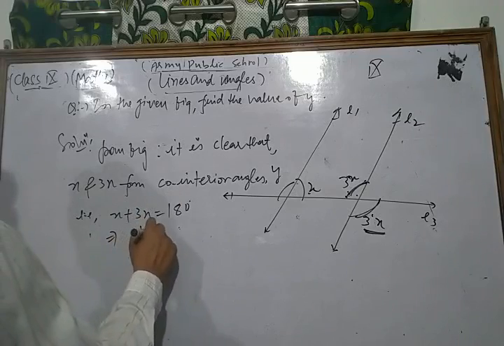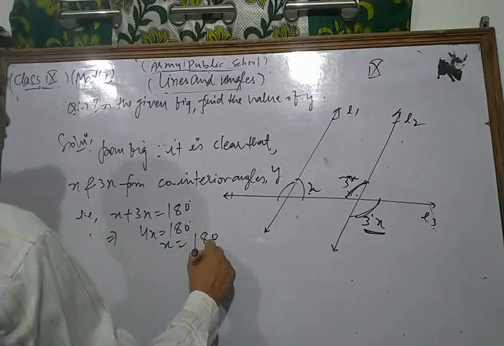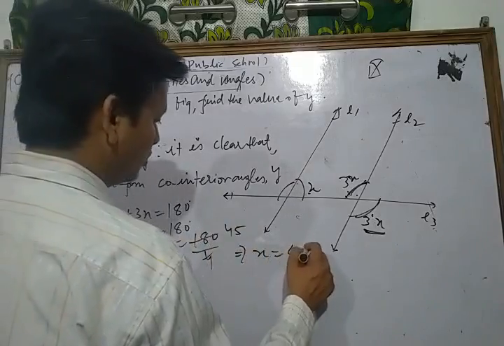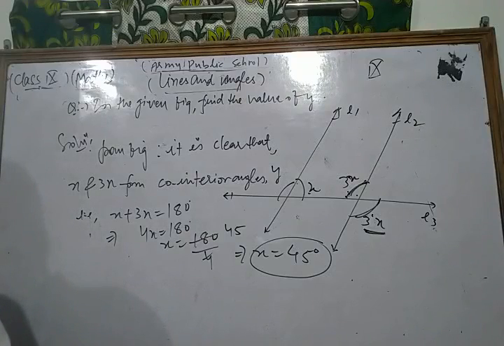So 4x is equal to 180. So x is equal to 180 upon 4. So angle x is equal to 45 degrees.